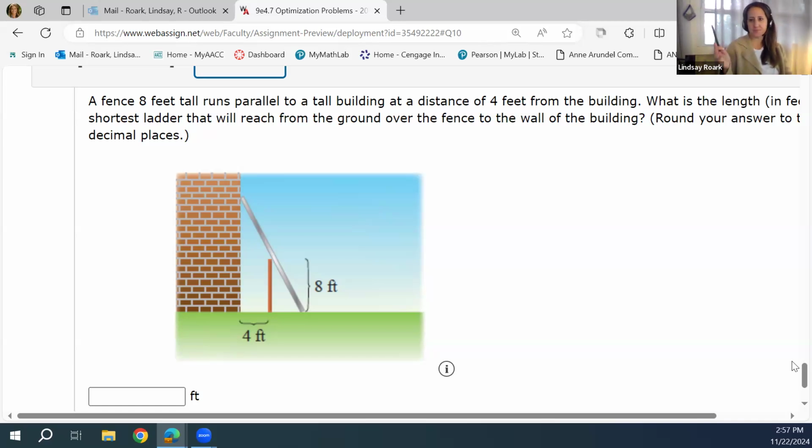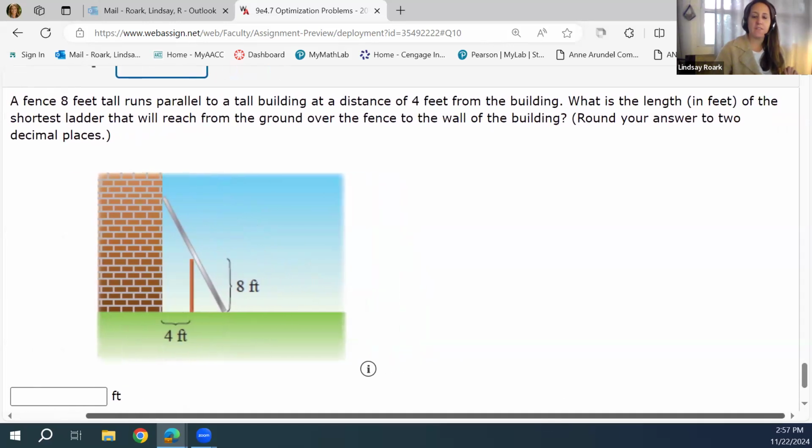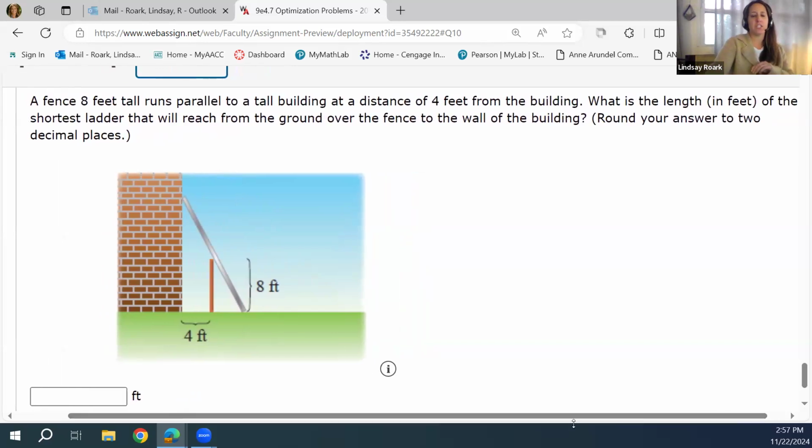So, okay, sure. It says, what is the length, in feet, of the shortest ladder that will reach from the ground over the fence to the wall of the building? Whew, it says round your answer to 2 decimal places. All right, so that's a lot going on there.